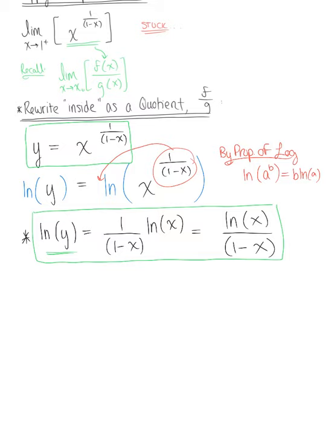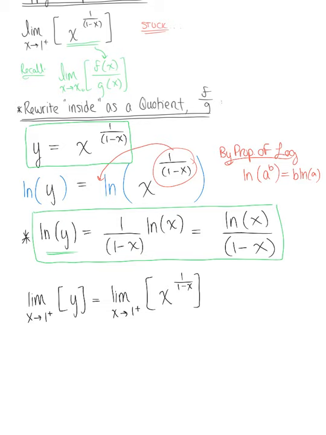So we're ready now to evaluate the limit. We started with the limit as x is approaching 1 from the right of y, which is equal to the limit as x approaches 1 from the right of x raised to the 1 divided by 1 minus x.